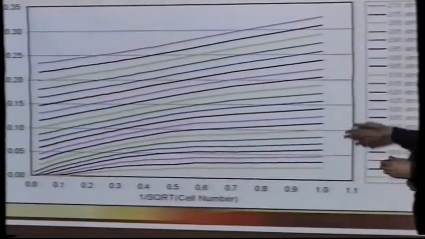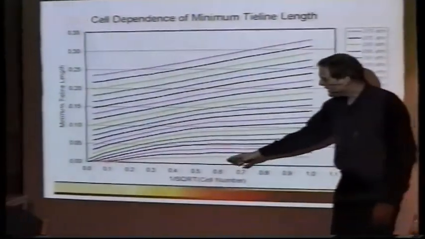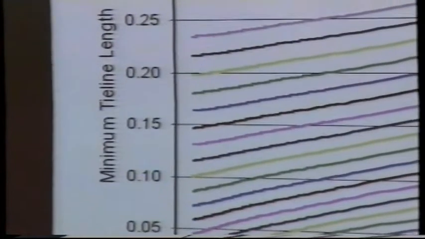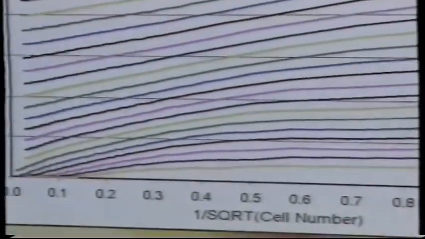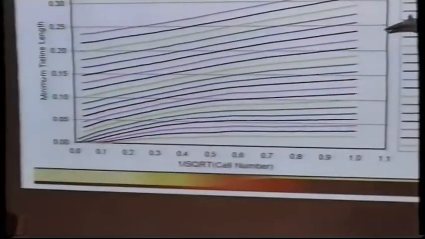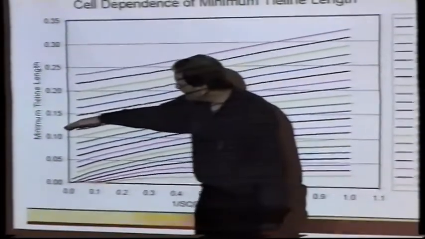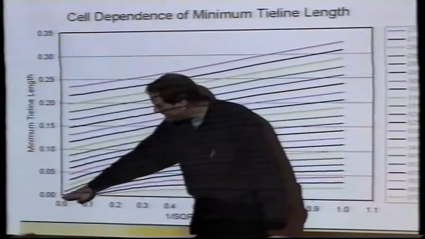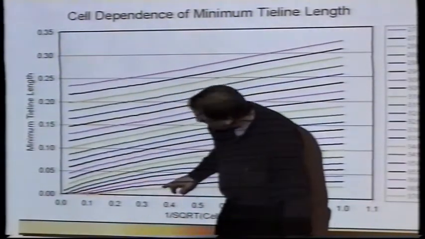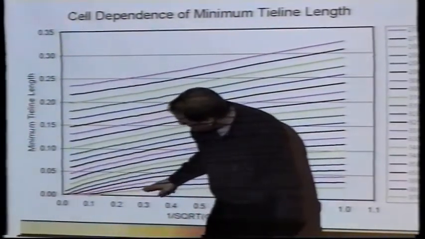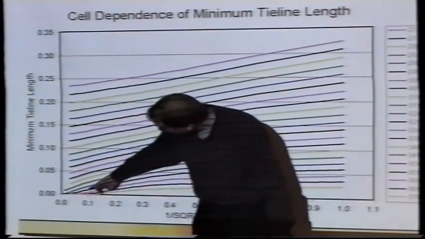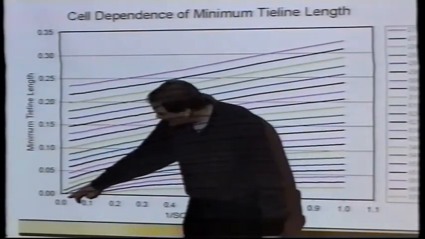And if you do that, in this case, the minimum tie line length, and you plot that up as 1 over the square root of the cell number, for example, and you do that for varying pressures, you see that at the low pressures, they extrapolate to a finite value at an infinite number of cells. At high pressures, they either actually go to 0, or else they extrapolate to something below 0.